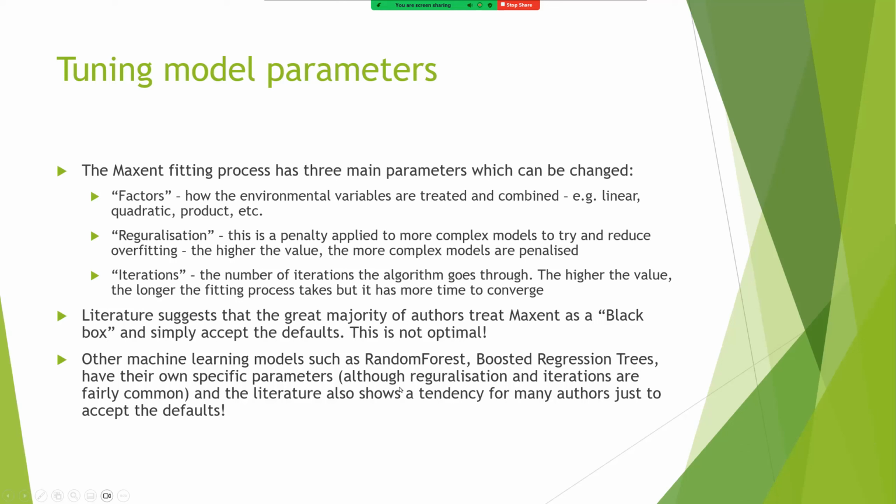And other machine learning models that we might go in for, like random forest and boosted regression trees, have their own sets of parameters that, again, you need to optimize, although regularization and iteration tends to come up fairly commonly. And the literature shows people tend to just accept the defaults with those as well.